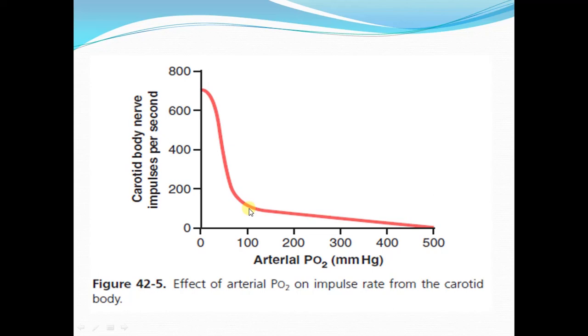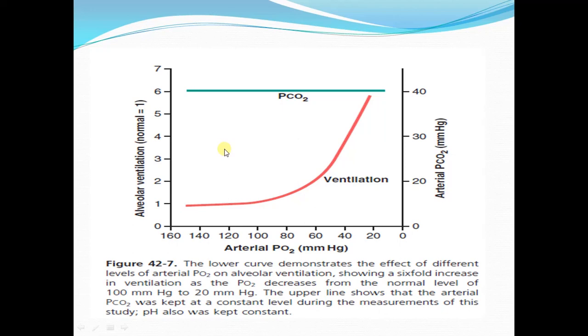When the partial pressure of oxygen falls below 60 to 30, there is potent stimulation of the carotid chemoreceptors, and the rate of discharge of impulses is tremendously increased. So this graph shows a potent stimulation of the peripheral chemoreceptors when there is a fall in the partial pressure of oxygen below 60 millimeter of mercury.